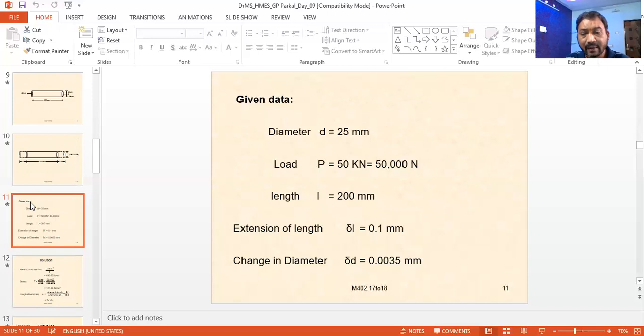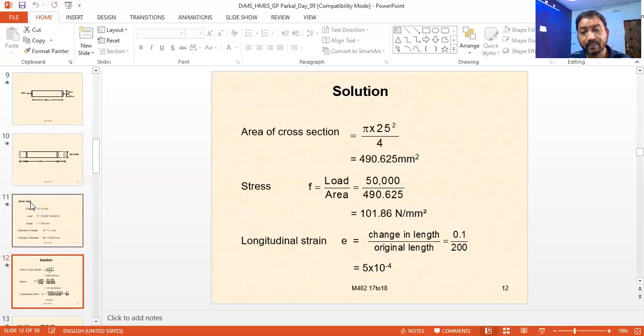Extension of the rod delta L is equal to 0.1 millimeters. The change in diameter delta D is equal to 0.0035 millimeters. So this is the data given in the problem.